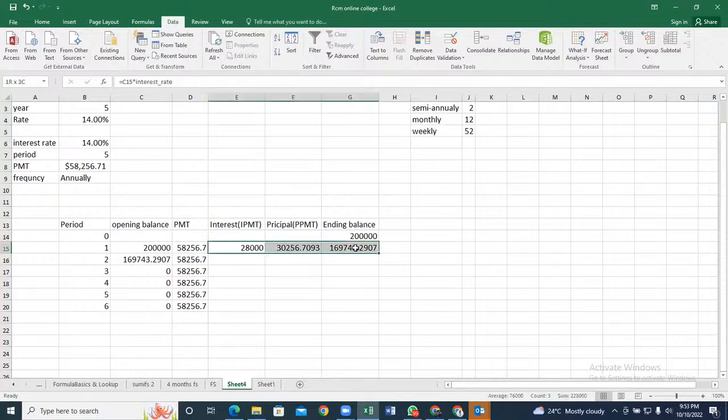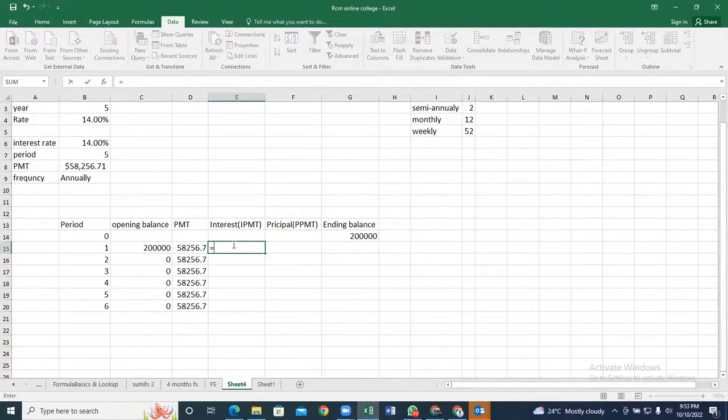Somebody has not understood this. How do we get interest? It is equal to interest rate multiplied by opening balance. Since periodic amount contains interest and principal, and we now have interest, we can get principal by saying it is periodic amount minus interest.